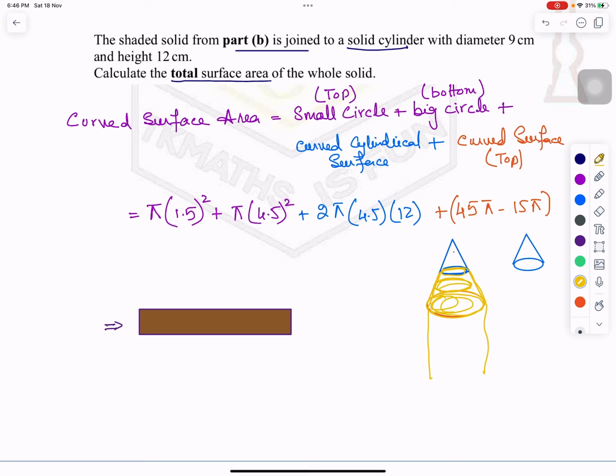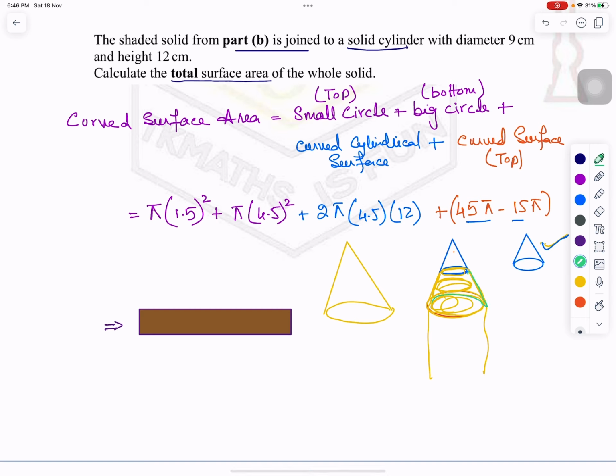I can't find this out. It is not a shape for which we know the formula. So what we will do? We will find out the curved surface area of the big cone. Rather, we have found up there 45 pi. Remember in part 1. And then curved surface area of the small cone also we have found in part B. So if we minus, big minus small, what we will be left with?